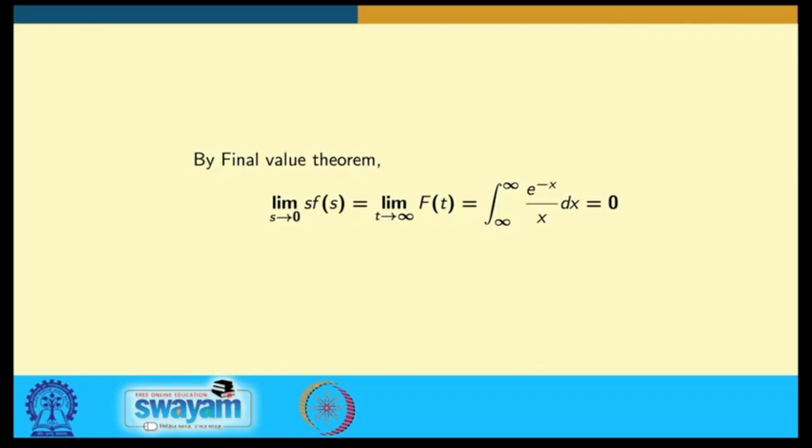The limit as s approaches 0 of s f(s) is the limit as t approaches infinity of f(t), and the value will be 0. So again, the Laplace transform of the given function will be equal to log of s plus 1 by s.